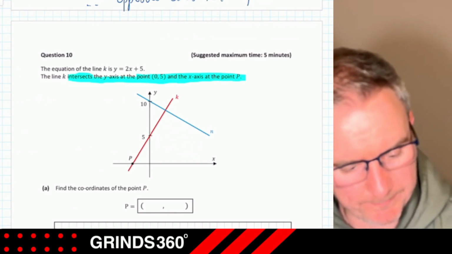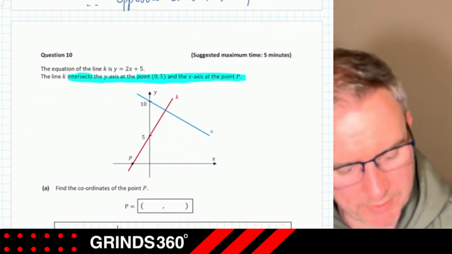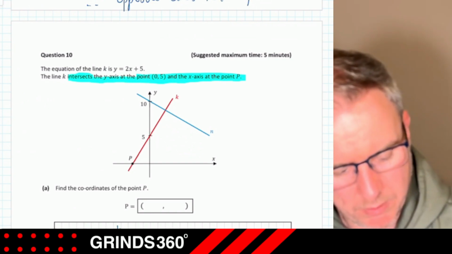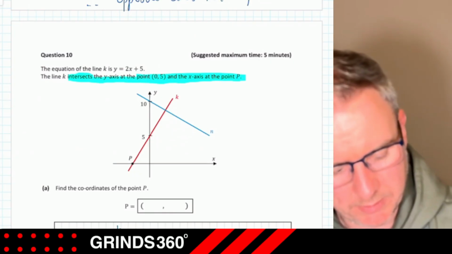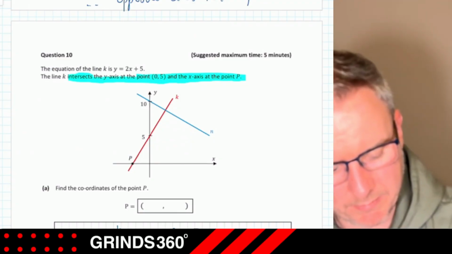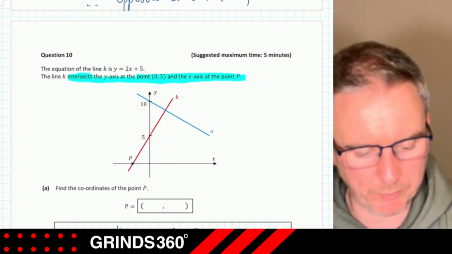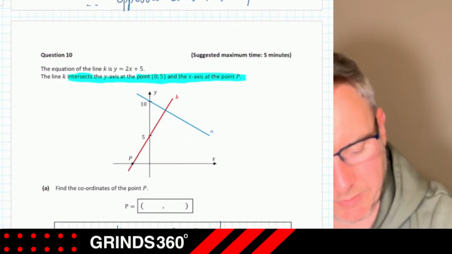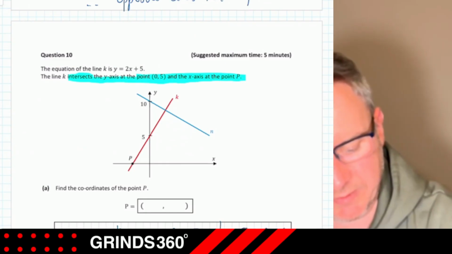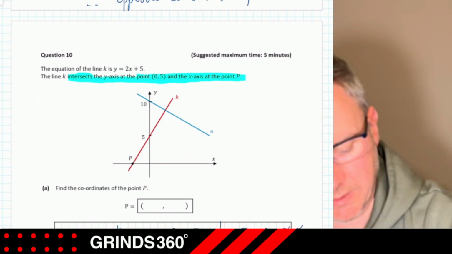So we're going to take our equation, K is y equal to 2x plus 5, so 0 is equal to 2x plus 5. Tidy it up then. We have 0 minus 5 is equal to 2x plus 5 minus 5, so we have 2x is equal to minus 5, x is equal to minus 2.5.